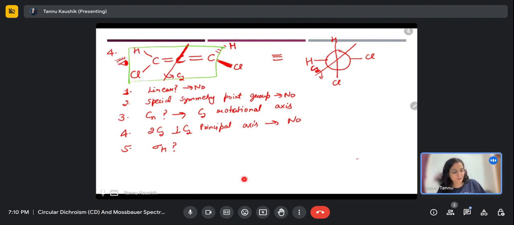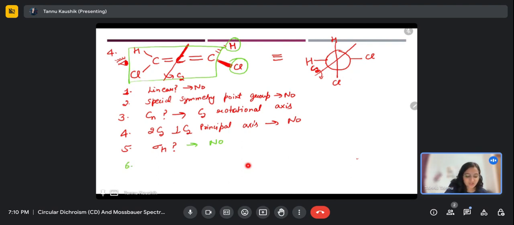So these hydrogen and Cl atoms are outside this molecular plane. And if you reflect this molecule through the molecular plane, then these hydrogen and chlorine atoms will exchange positions and we won't get an equivalent configuration. That means we don't have a horizontal plane in the molecule.